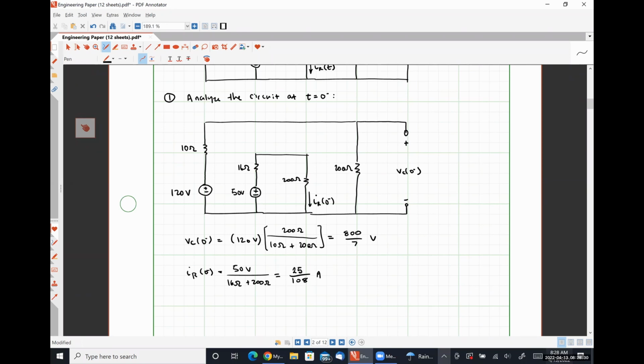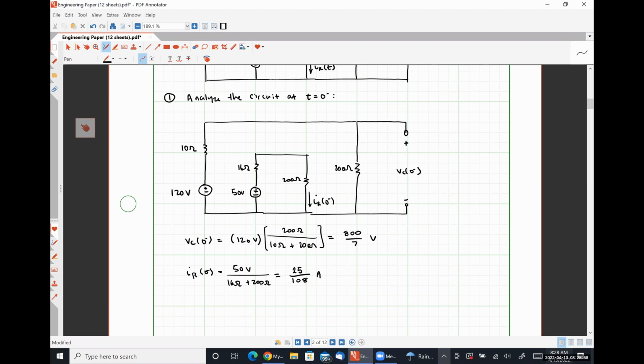Anybody have any questions, comments, or concerns about the analysis that we did there? If we had done mesh analysis, we absolutely should have gotten the exact same result. All right, so do you guys feel comfortable with the analysis that we did here at t is equal to 0 minus?